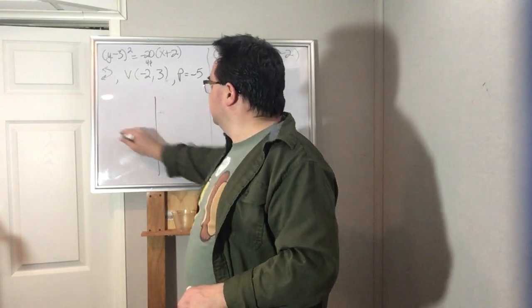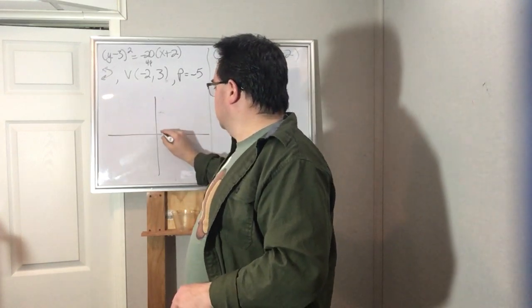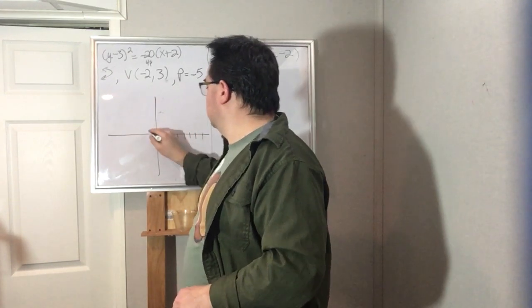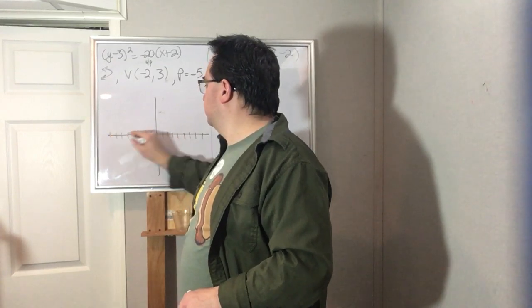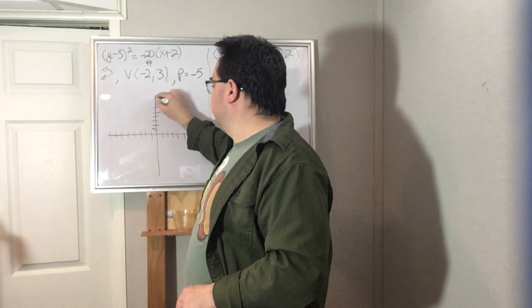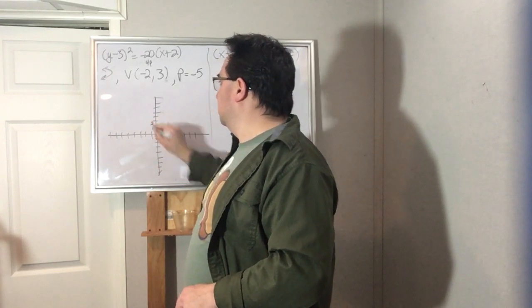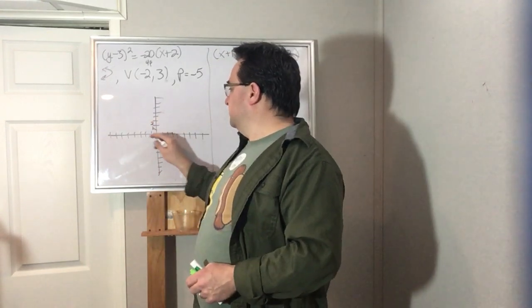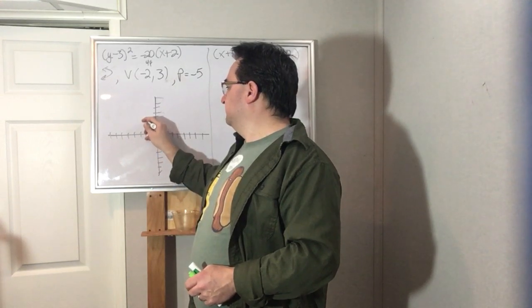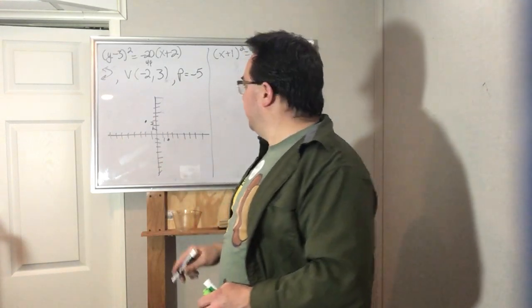So now we're going to graph this. 1, 2, 3, 4, 5, 6, 7, 8. Got to give a little more room if that p-value is 5. Going by ones here, I have a vertex at minus 2, 3. I know it opens backwards.